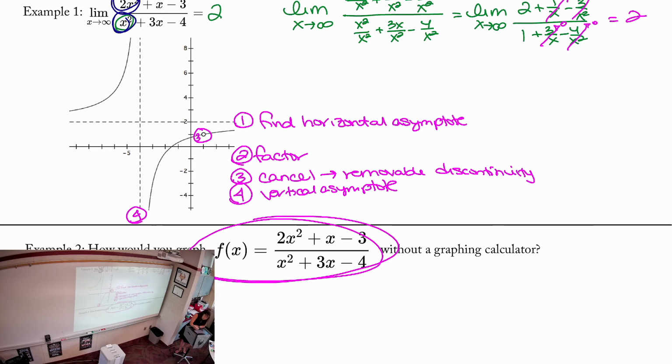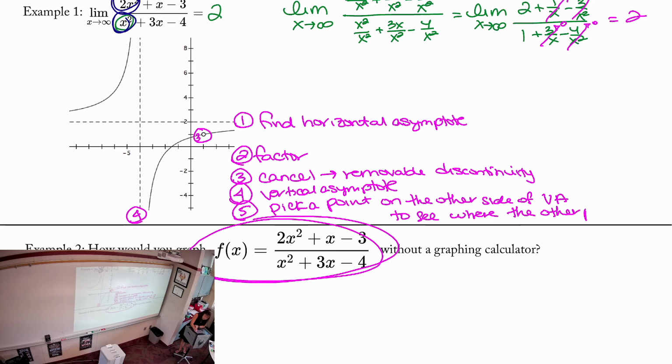And then step 5 is to pick a point on the other side of the vertical asymptote to see where the other part of the graph goes. So that up here is your step 5.